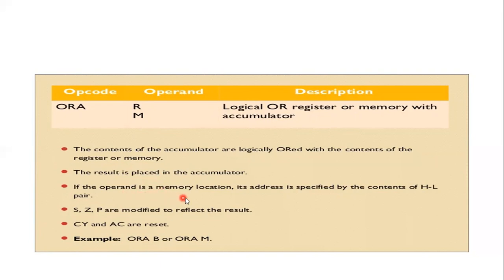If the operand is a memory location, its address is specified by the content of the HL pair. The flags S, Z, P are modified to reflect the result. Then the flags CY and AC are reset. So, example: ORA B, ORA M.